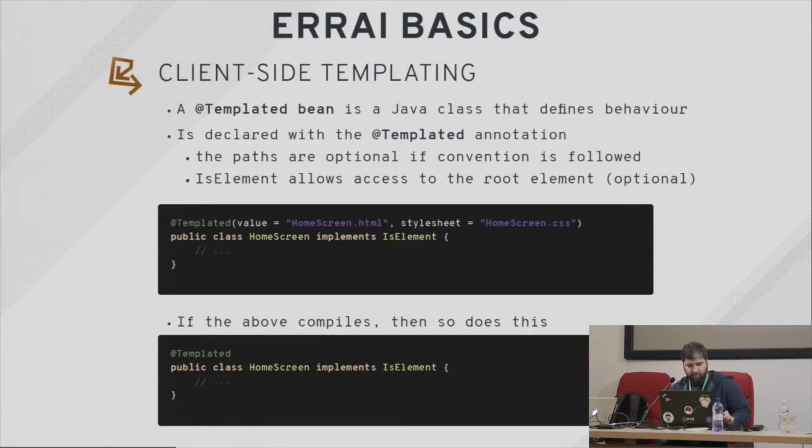At compile time, Errai will look for a home screen HTML file that should be in the same package as your home screen class. If you name your template files after your class, like in this example, that's the normal convention in Errai. In this case, you can actually omit this configuration and use this declaration at the bottom, which would be the same.